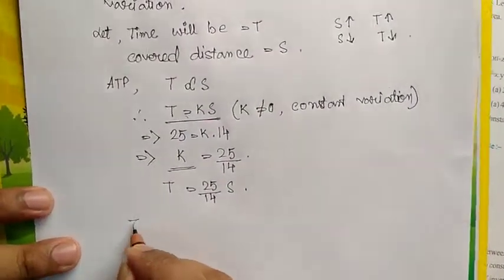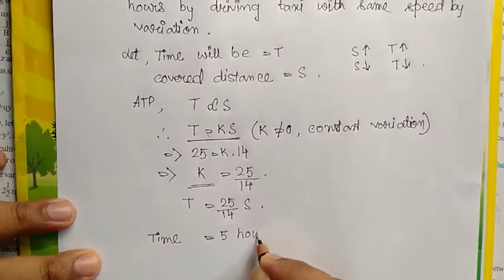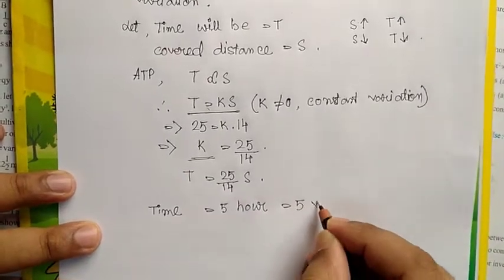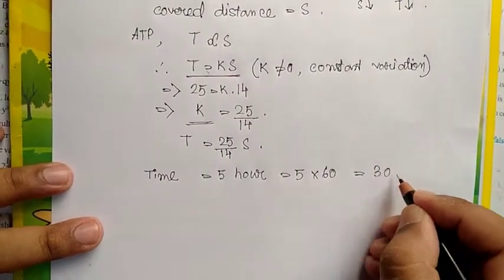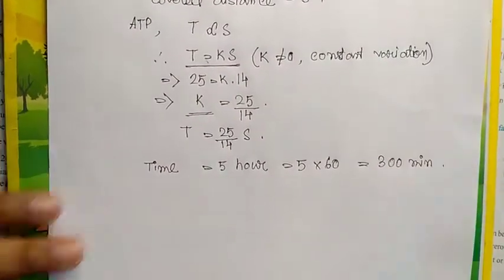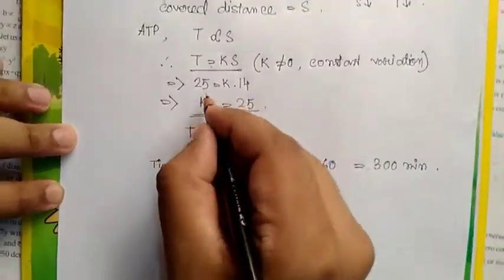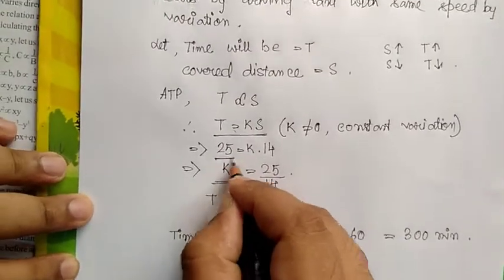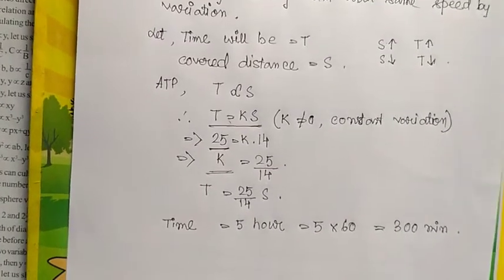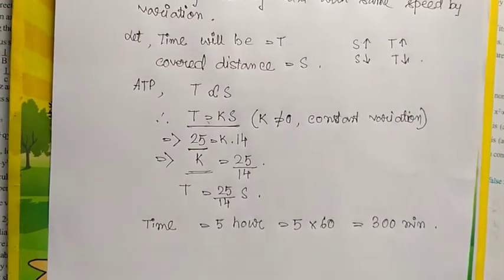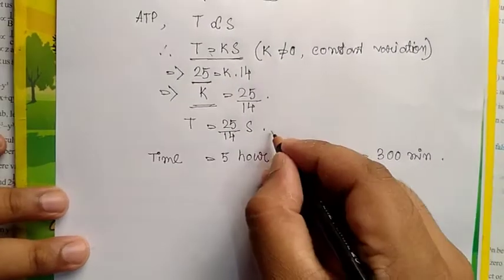So here time is 5 hours, means 5 into 60 equal to 300 minutes. I have to convert this into minutes because this 25 is also in minutes, and minute here is the smallest unit with respect to the time.